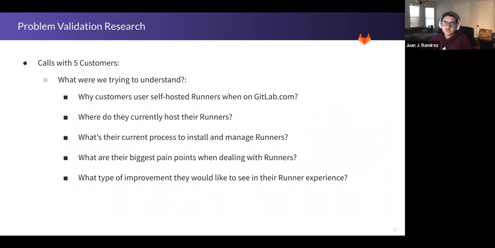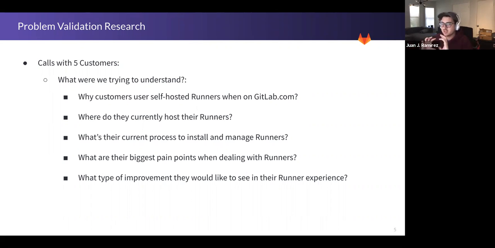So the problem validation research was basically talking with customers, trying to understand why they are using self-hosted runners when they are using GitLab.com, right? Because if you're on GitLab.com, you have the ones that are managed by GitLab. Why are you choosing to pick another machine and register those runners on a different machine?